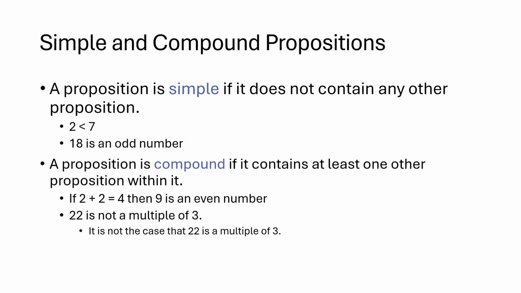If you think of it this way, then you can see that it contains a simpler proposition, namely the sentence that says 22 is a multiple of 3. So the sentence 22 is not a multiple of 3 is also considered a compound proposition because it contains one proposition that is simpler than itself.